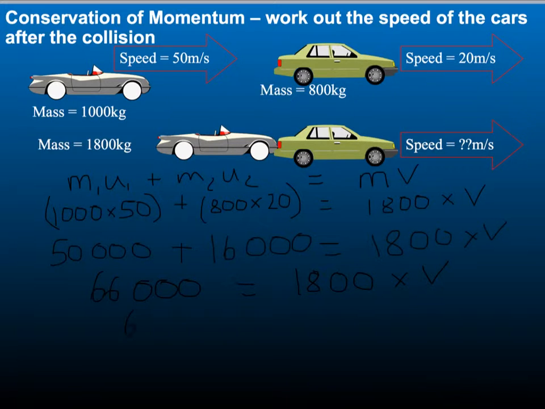So to get v by itself, we need to do 66,000 divided by 1,800 equals v, and the answer is 36.7 meters per second. So after the collision, these two objects move off at a velocity of 36.7 meters per second.